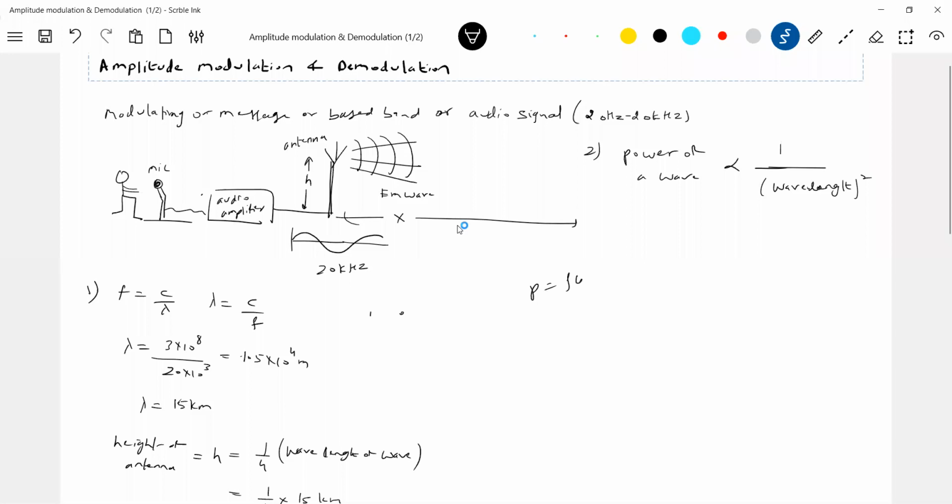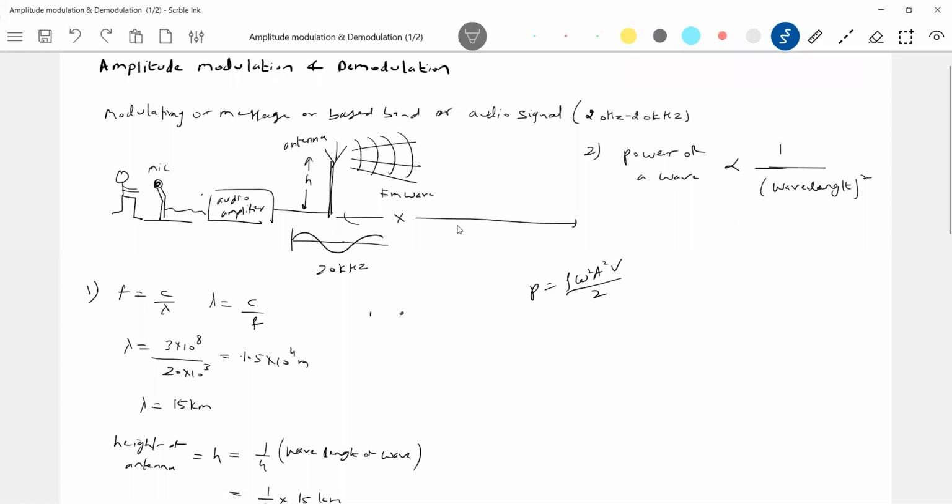Power equals rho omega square A square V by 2, the energy density formula. Look at the omega: you can write it as 2 pi f, and the frequency equals c by lambda or v by lambda.